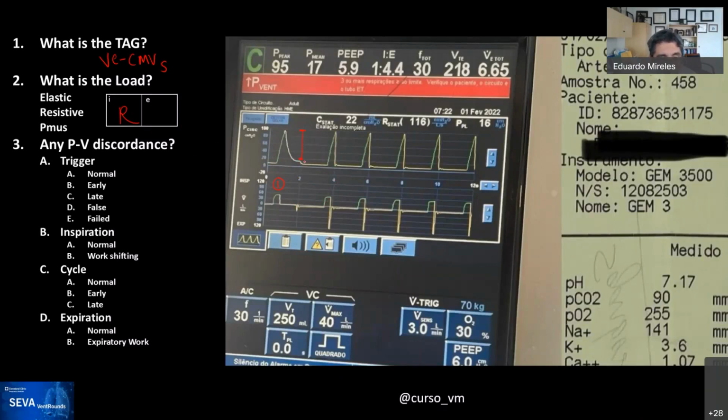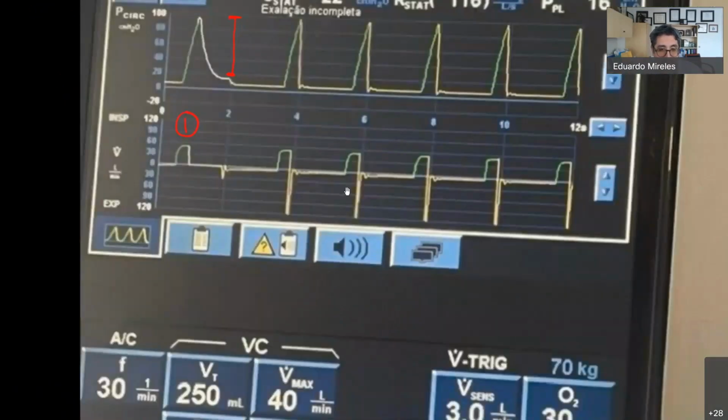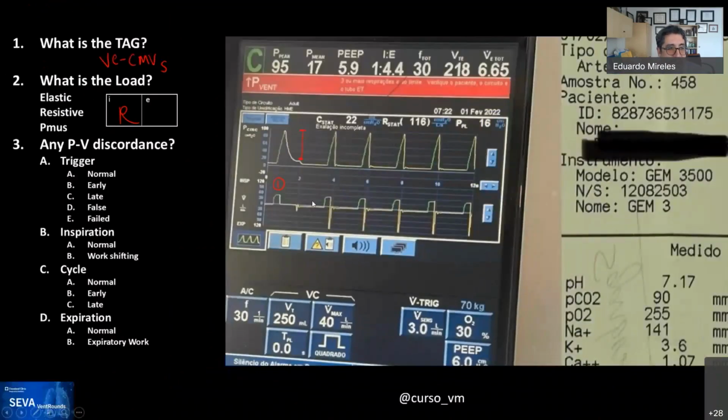Right. And then for exhalation, again, I think we need to zoom in a little bit, but I'm squinting my eyes, and I'm just gonna go with resistive too, with the exhalation.